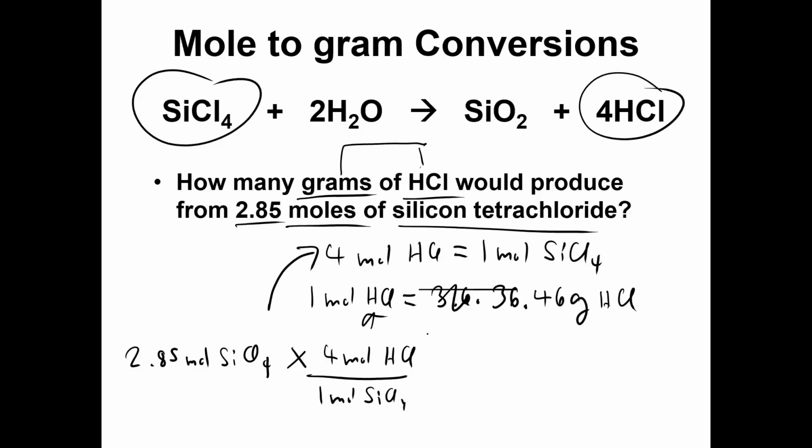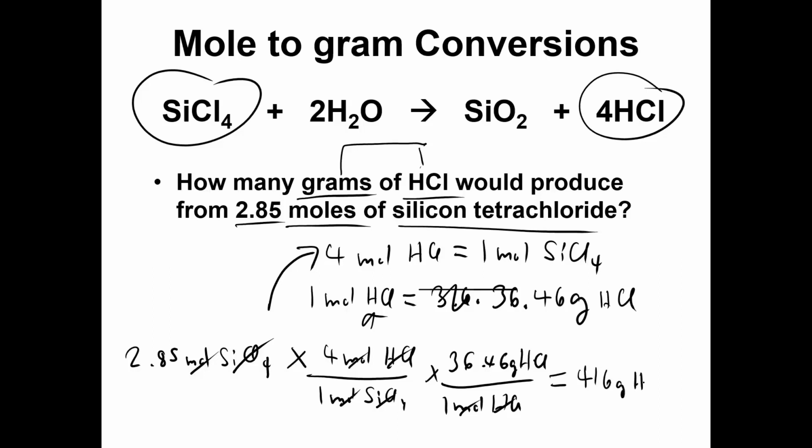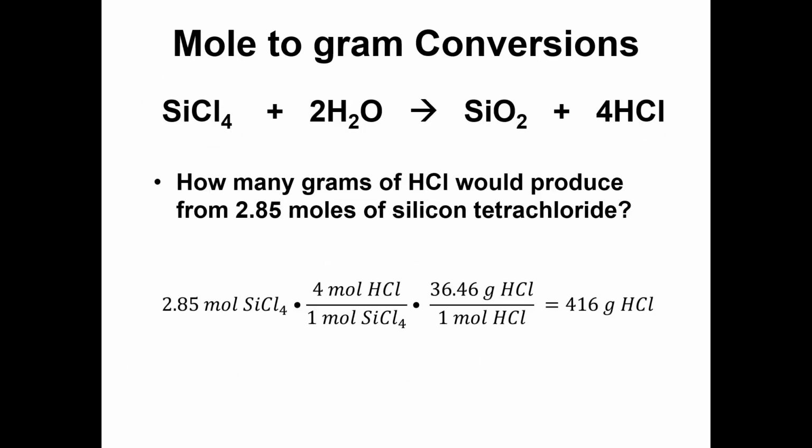Now I can multiply by 36.46 grams of HCl and divide it by 1 mole of HCl. Silicon tetrachloride cancels, the moles of HCl cancels, and my unit's going to be grams of HCl. I multiply that out, I get 416 grams of HCl. Alright, so here's the answer for that.